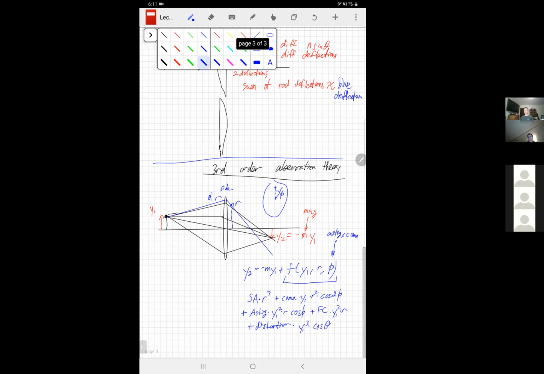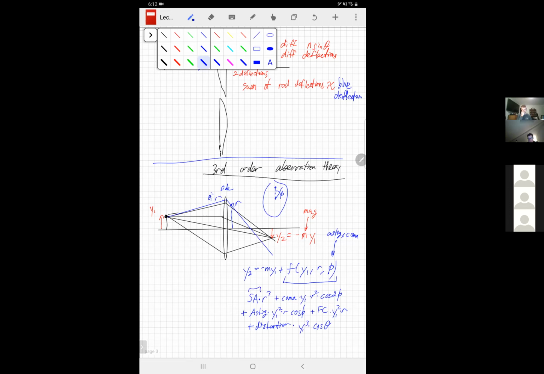You might be saying, is that the entire function? No, there's plenty of others, okay? There are other terms that wind up being fifth order and seventh order and so forth. And before people could just run this through a computer, they would do a very detailed calculation of how the exact trajectory of the ray depends on the thickness of the lens, how far off axis.